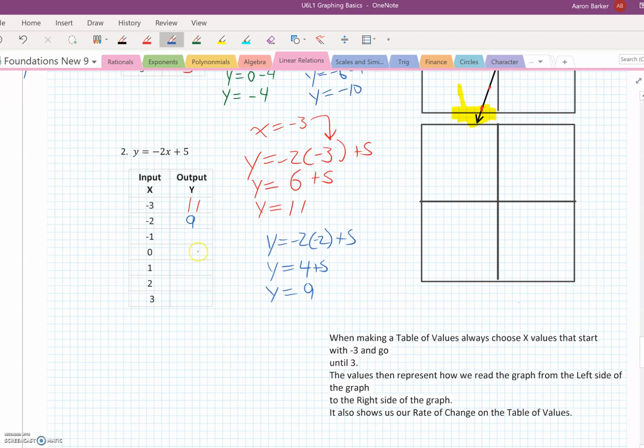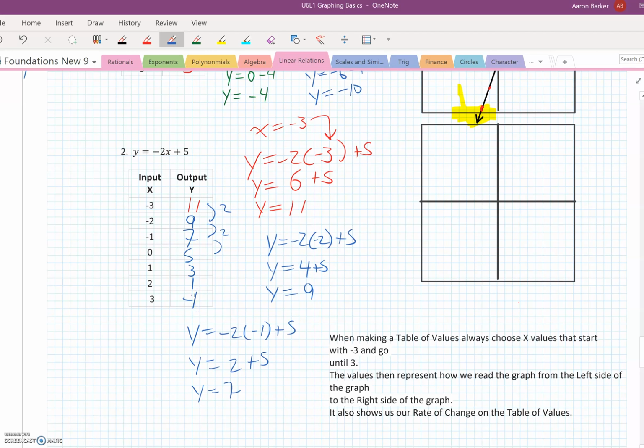And then we can go on and do x equals -1. So multiply by -1. And you get 2 plus 5, y equals 7. And I can look and see that I'm going up by 2 each time. And so then I can continue the pattern, 5, 3, 1, -1.